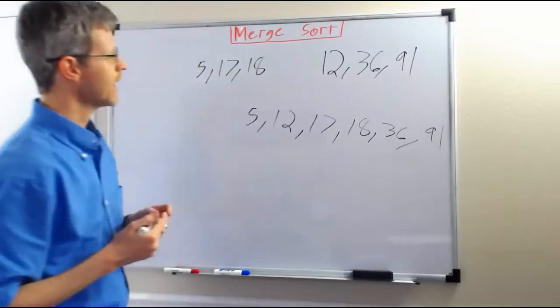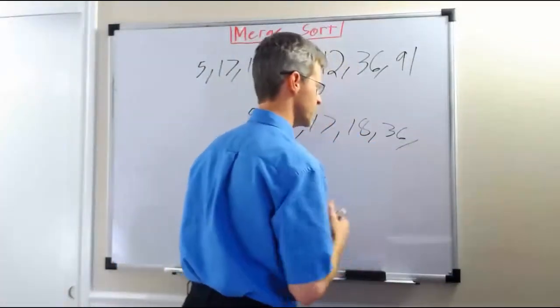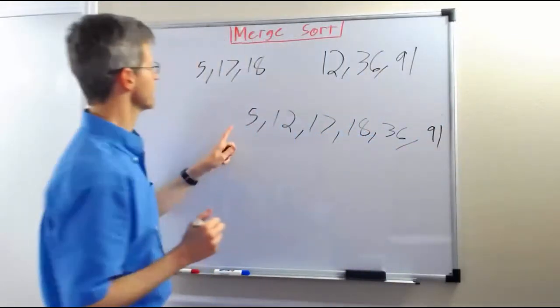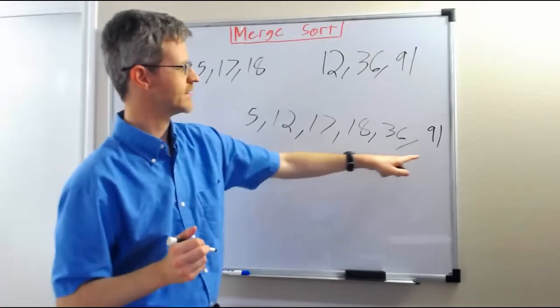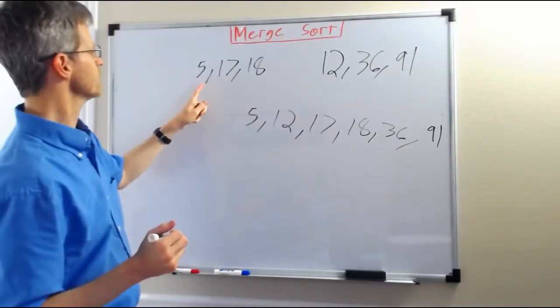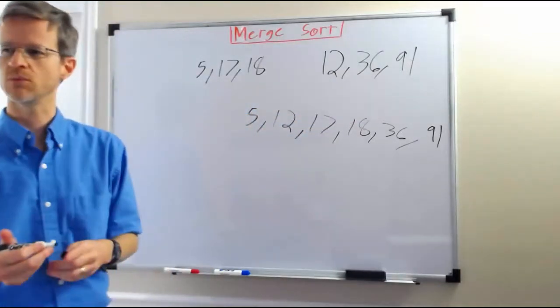And so, a sorted list that combines both of the sorted lists we had as input is 5, 12, 17, 18, 36, and 91. And we did that by looking at each element a constant number of times. So that operation was time O(n).